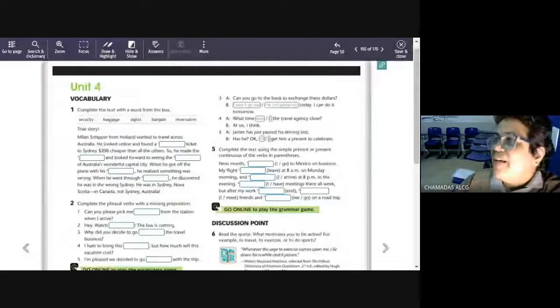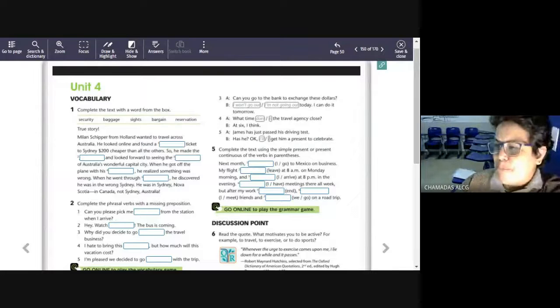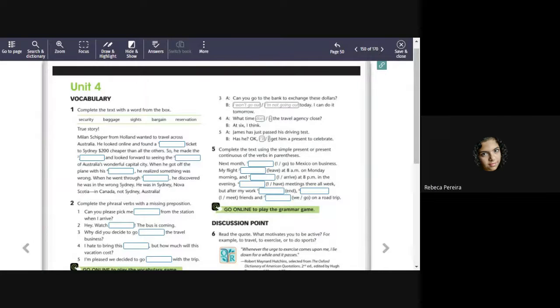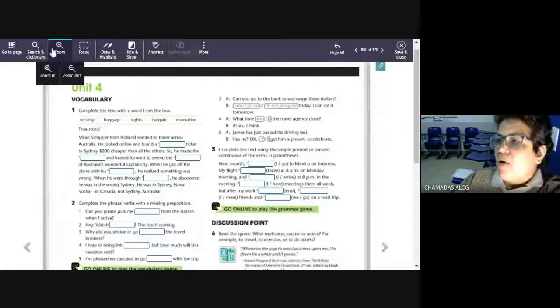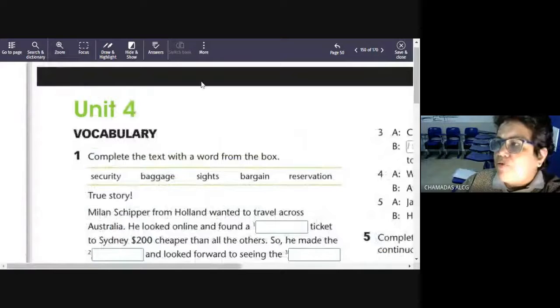So let me share again. Sorry, it closed by accident. Okay, can you see that? Yeah. Okay, now let's maximize so we can have a better view.